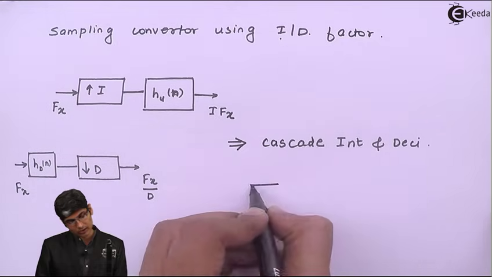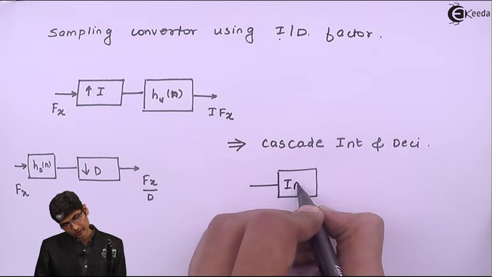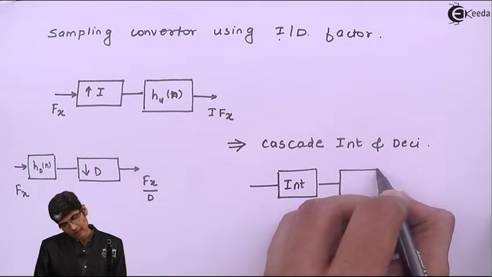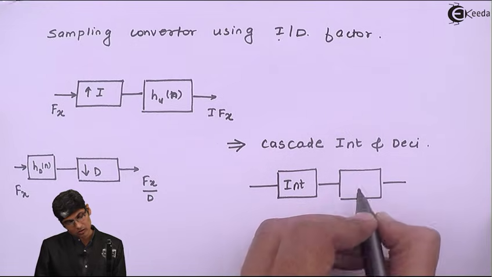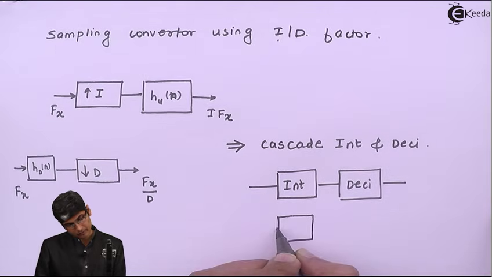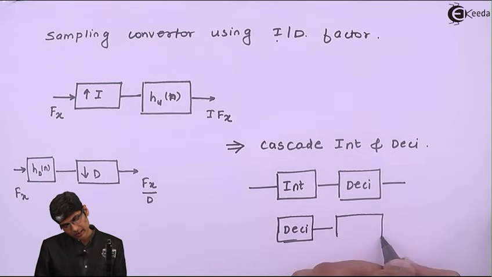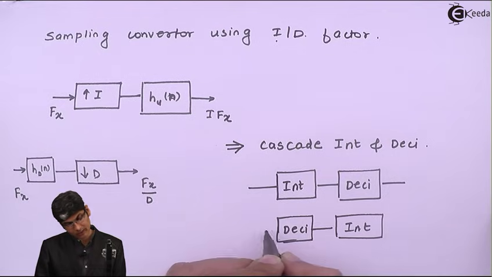Cascading can be done in two ways: I can put an interpolator first and then a decimator, or a decimator first and then an interpolator, because they will give the same result.